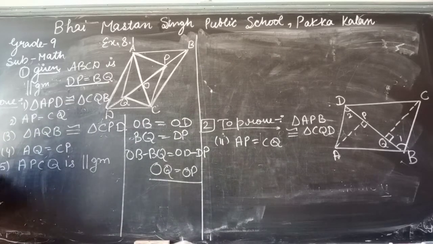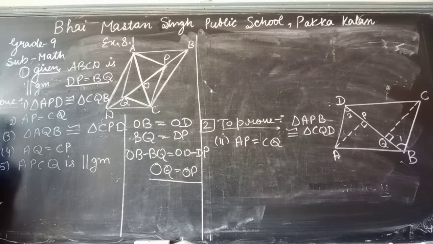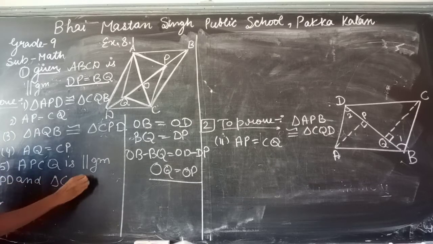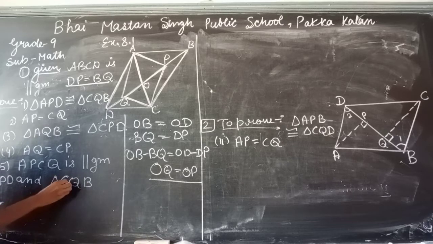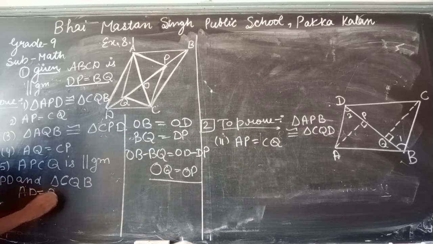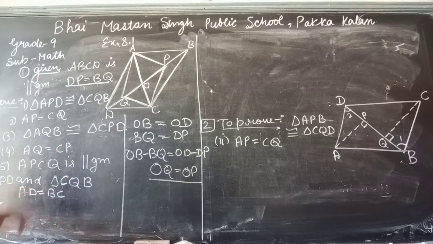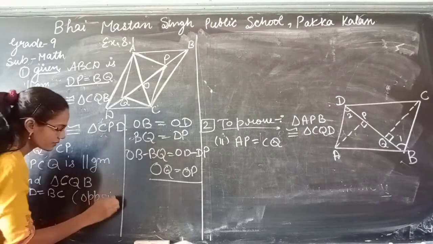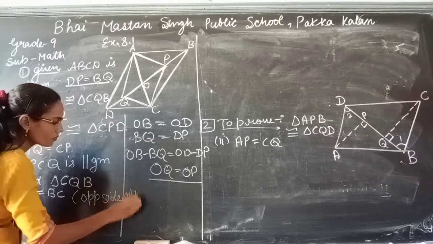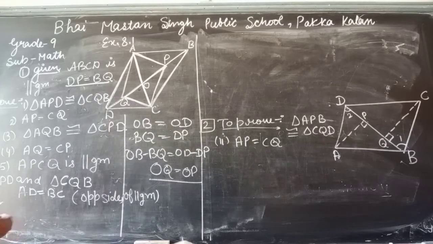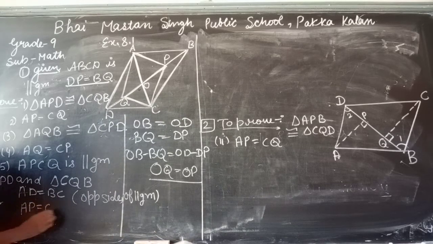So in two triangles, triangle APD and triangle CQB, firstly you write here AD is equal to BC. This is also part of the parallelogram. You have to write opposite sides of parallelogram. Clear? Next is AP is equal to CQ.